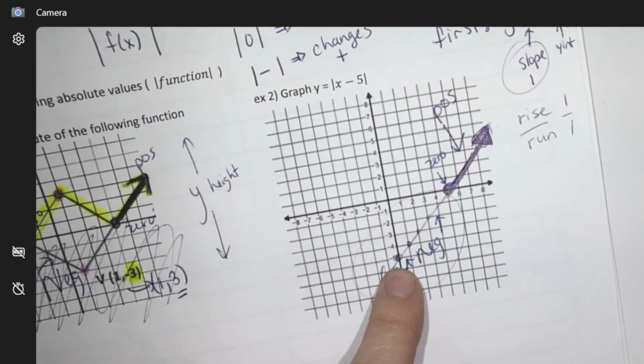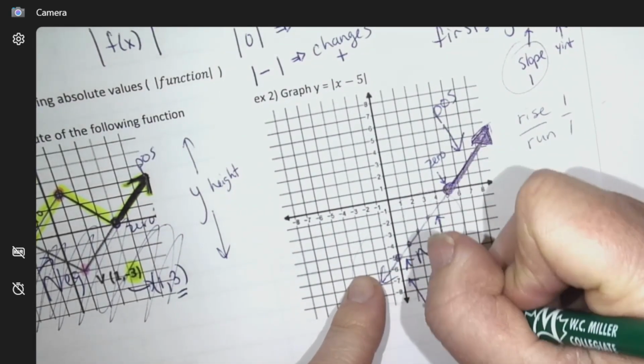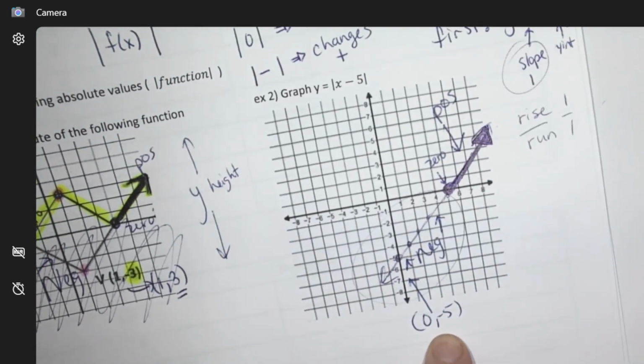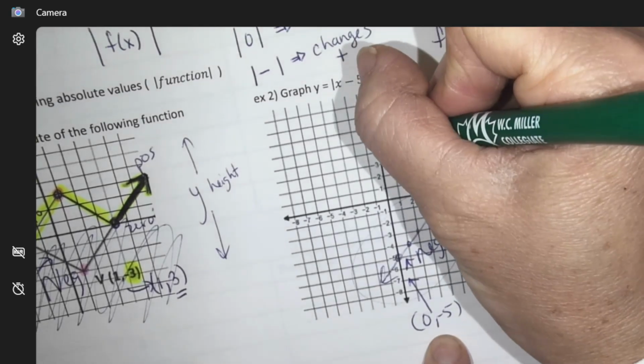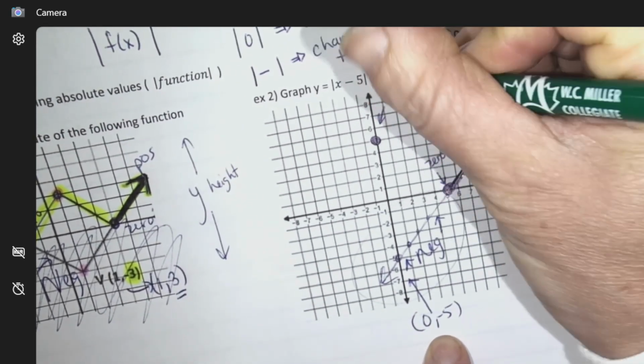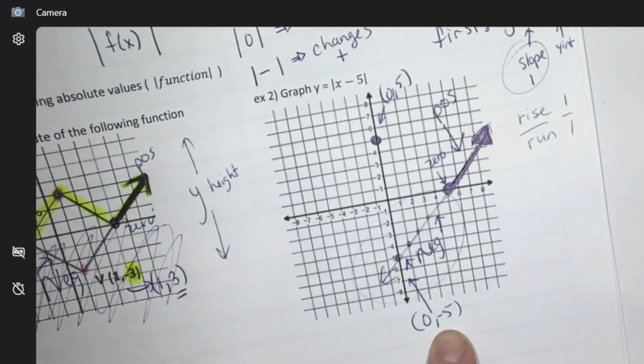Okay, so for instance, this coordinate 0, negative 5, I'm now going to place it at 0, comma, positive 5.